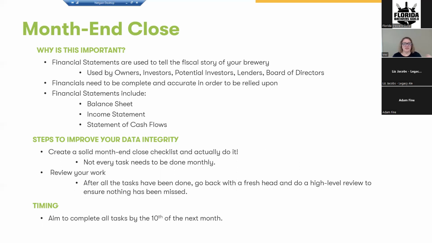Financials really are a tool that you want to use in making your strategic business decisions. If you're looking at expanding, I see a lot of people potentially adding a second taproom or second location. Or, especially at this time of the year, it's the cyclicality of our industry, where you may be struggling to pay invoices timely because of lack of cash flow.